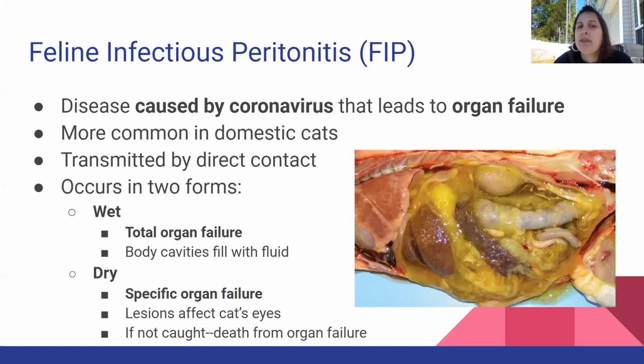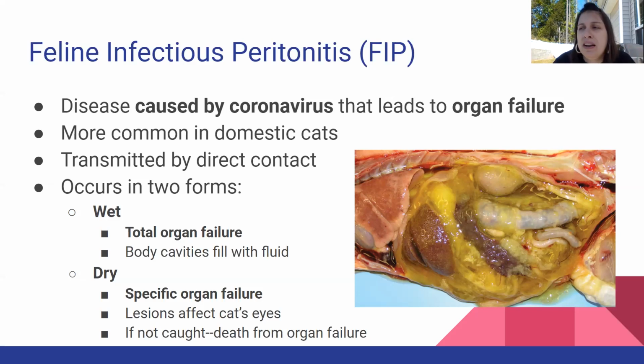Feline infectious peritonitis, or FIP for short, because it's way easier to say that. This is caused by a coronavirus. This isn't the coronavirus that we're learning that is going on in the world right now. There's tons and tons of different coronaviruses, like probably well over 100 different coronaviruses.